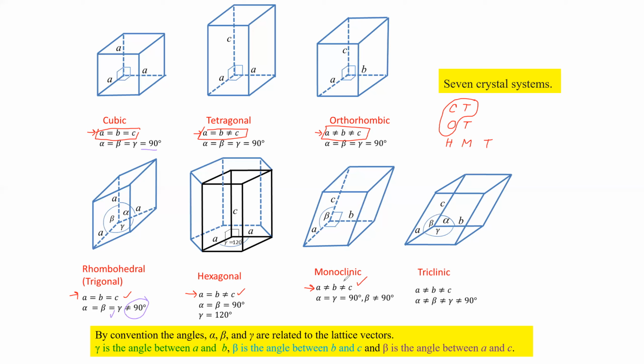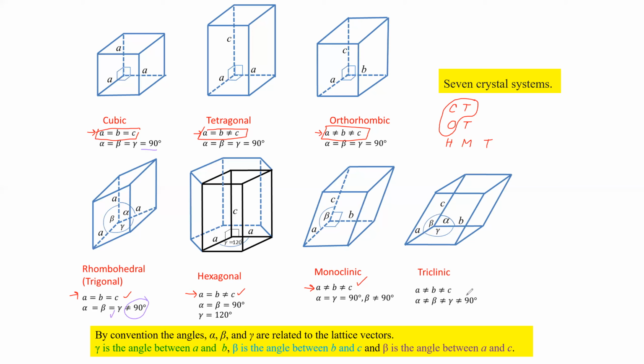Monoclinic: all the lengths are different. Angles alpha and gamma are 90 degrees. Beta is not 90 degrees, as you can see here, and most of the time it's larger than 90 degrees, so it's tilted that way.